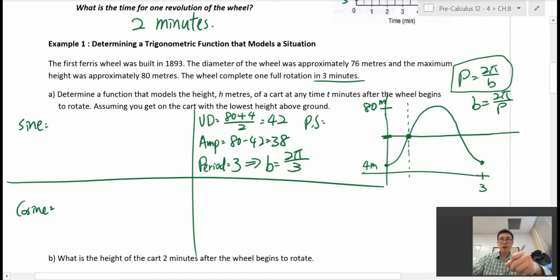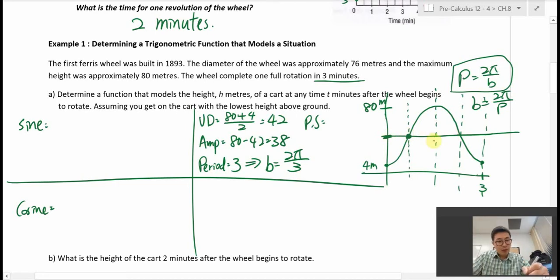Okay, so this is going to break into 4 parts. Here, here, and here. That's the first quarter, second quarter, third quarter, and fourth quarter. So one full rotation is broken into 4 parts. They are equidistant.